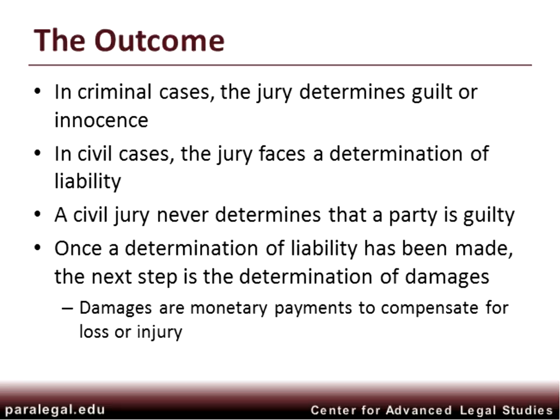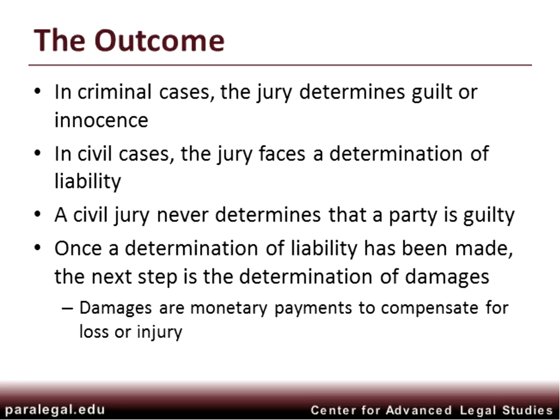For instance, maybe medical bills, maybe you missed work, maybe you had to go get therapy or rehabilitation, maybe you had to go to the emergency room. All of those are damages that flow from that kind of situation. And damages are nothing more than monetary payments, money that's going to be paid by the defendant to the plaintiff if a jury so decides.